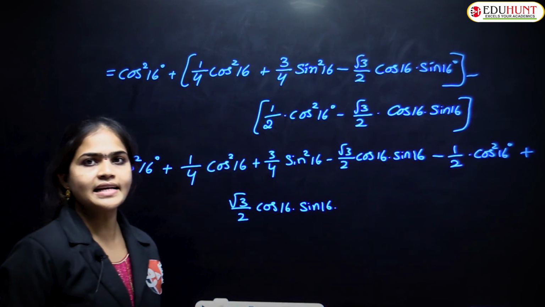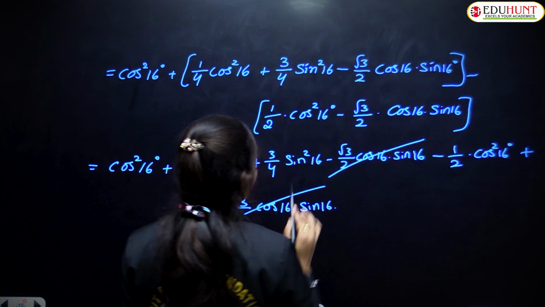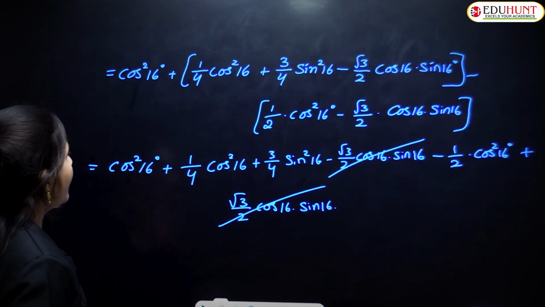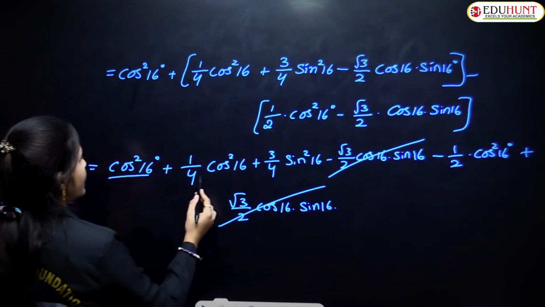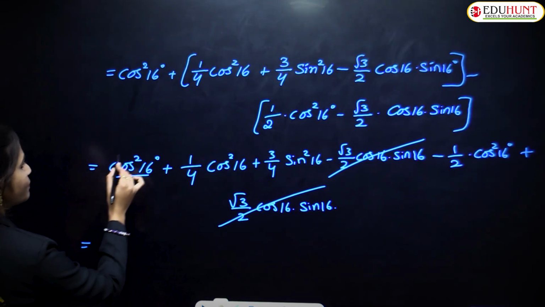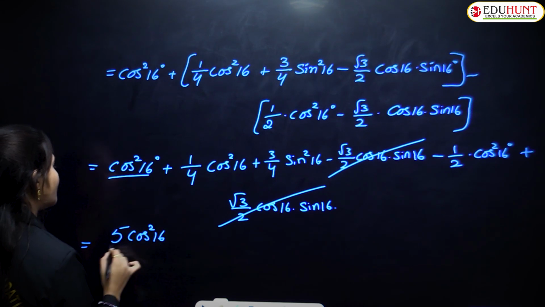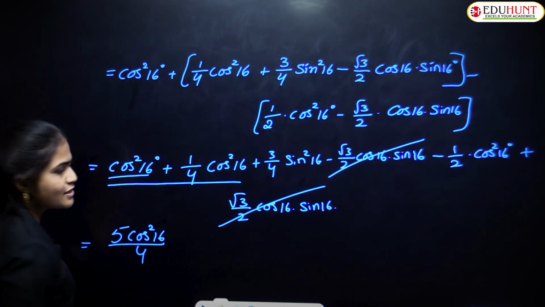Okay. Now here any cancellations possible, ma? Yes, cancellations there. Here this is positive and this is negative, so they get cancelled. And here cos square 16 and 1 by 4 cos square 16 is 4 ones are 4, 4 plus 1 is 5. So 5 cos square 16 by 4. First I am adding these two.